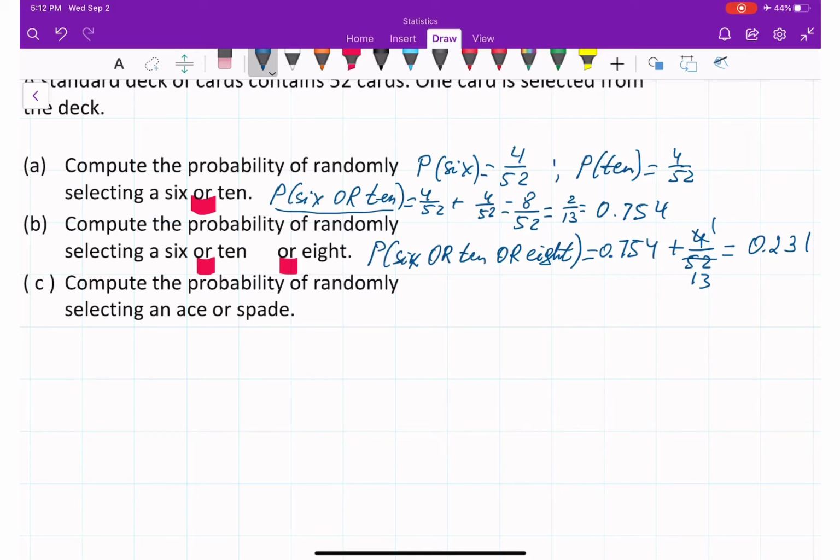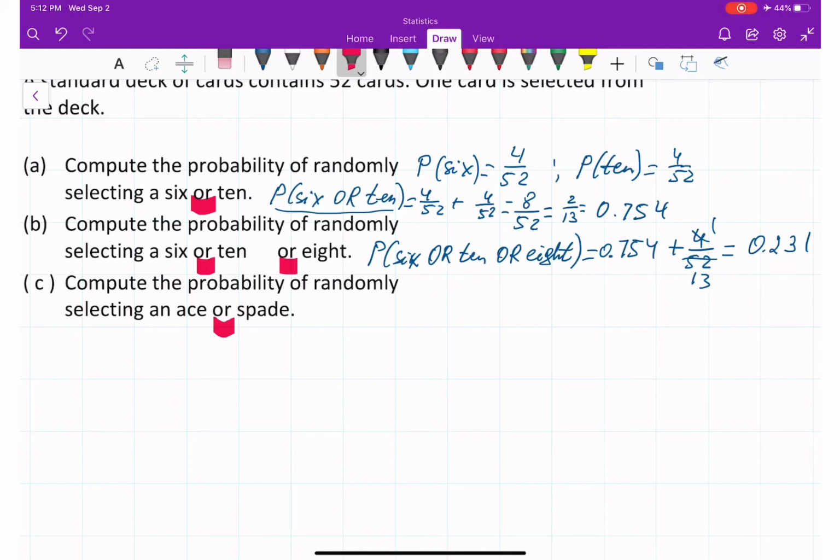And lastly, compute the probability of randomly selecting an ace or spade. Wait a minute, how many aces do we have? We have 4 aces. But how many spades do we have? So we are dealing with "or" again. How many spades do we have?